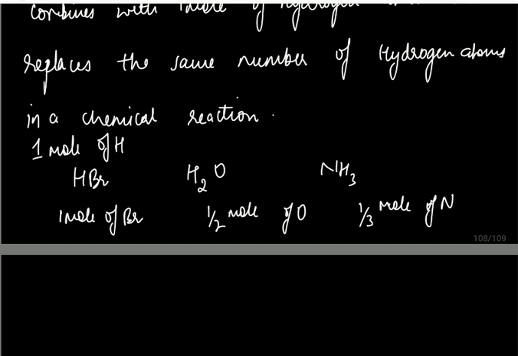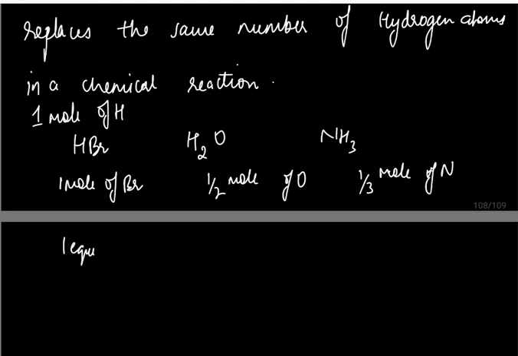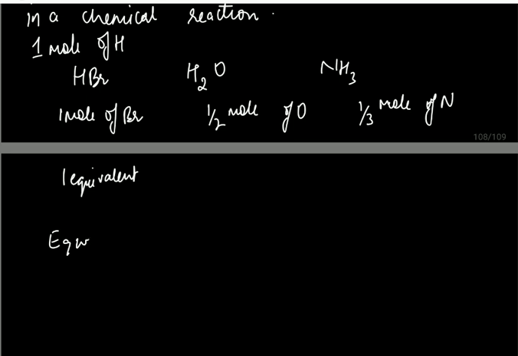In other words, 1 mole of bromine, oxygen, and nitrogen contains one equivalent. Like over here, one equivalent, then how many equivalents does oxygen have? Two equivalents. For ammonia, three equivalents.